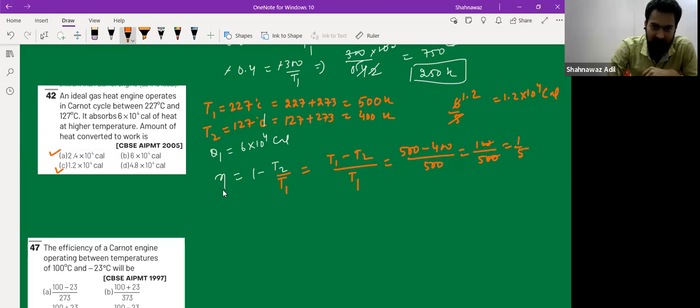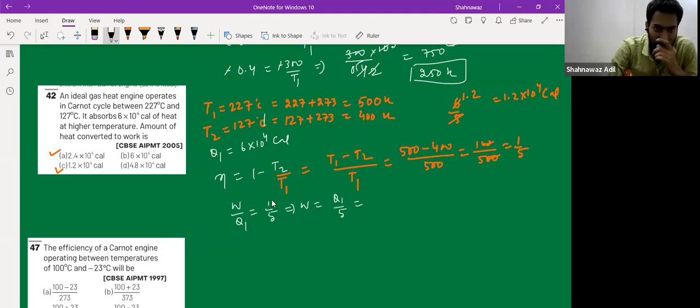And what is eta with respect to heat? It is W by Q1. So W is Q1 by 5.